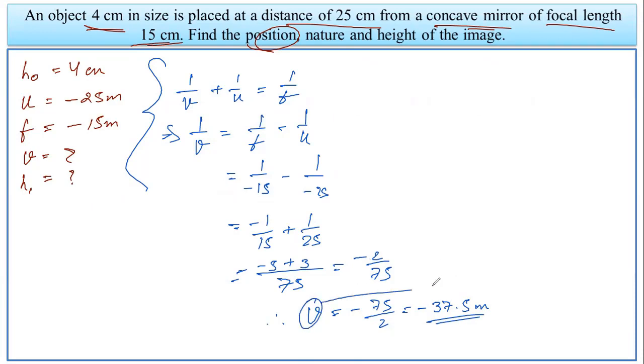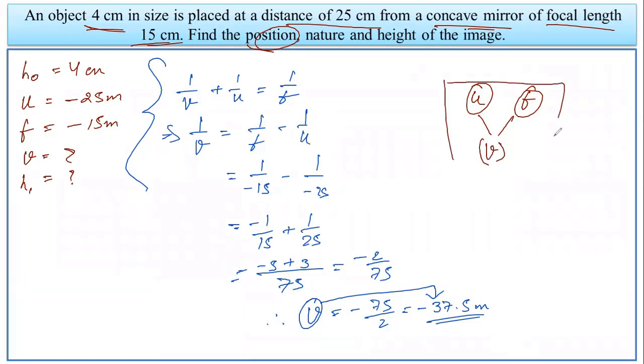This is the position of v, meaning the distance of the image from the mirror. Students, a small trick I will share with you all. When you have the positions of u and f, with respect to that, when you come to v, you can easily relate them to identify the position of the image and justify its properties. Here, u is 25 centimeter and the focus is 15 centimeter.